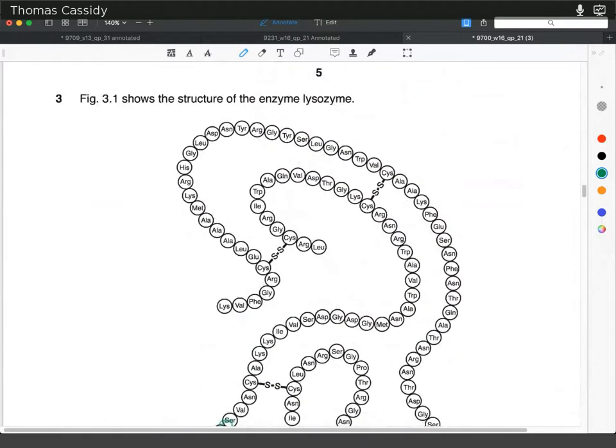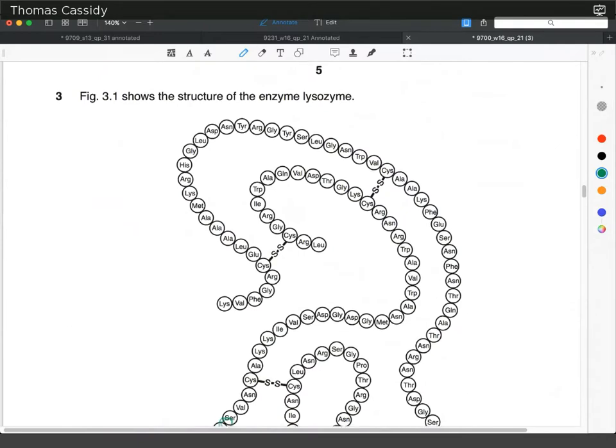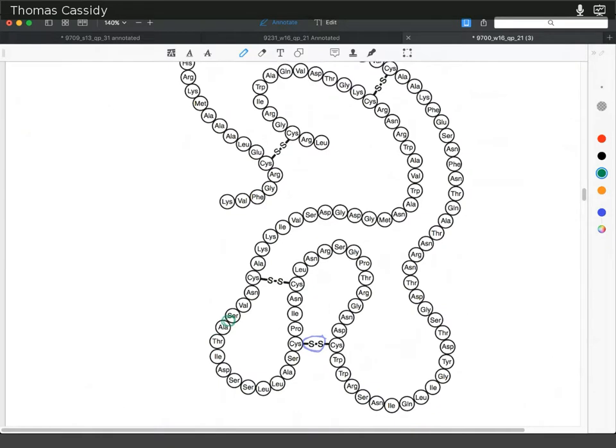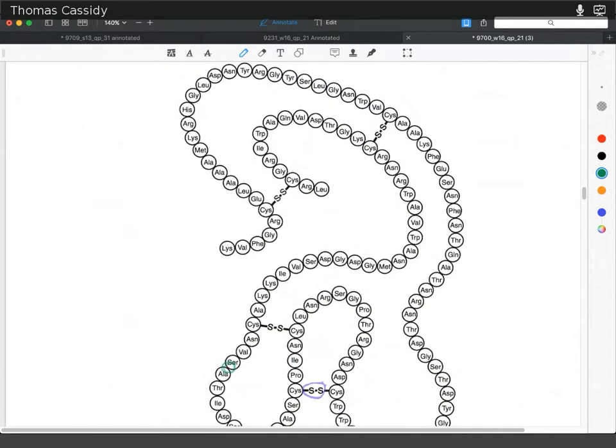It just says the structure of the enzyme, lysozyme. So it doesn't really tell us what we're looking at. All these letters are abbreviations of amino acids, and this is an amino acid chain. So what we've got to do is name what bond is keeping all these amino acids together and what bonds are holding the secondary structure of this chain together.